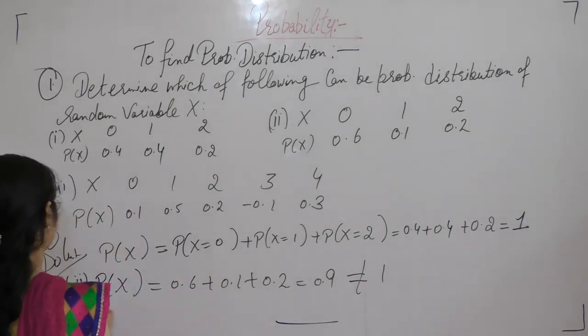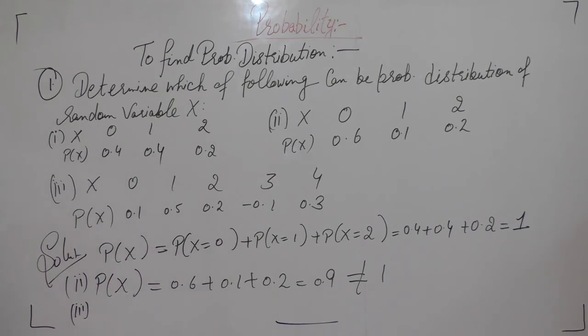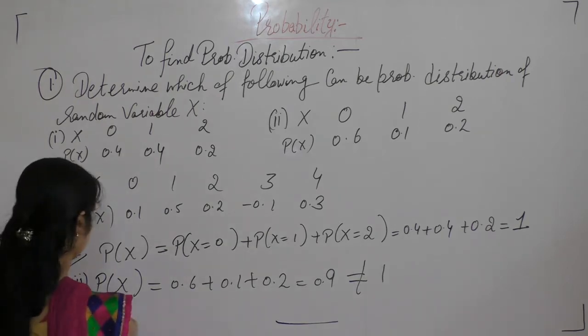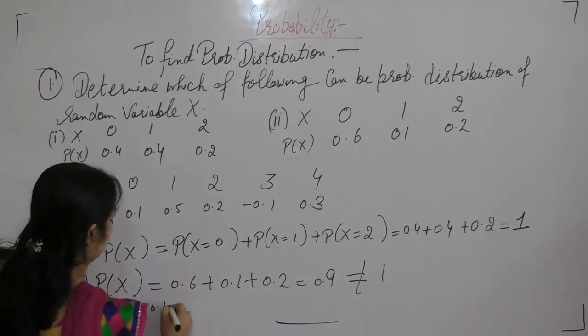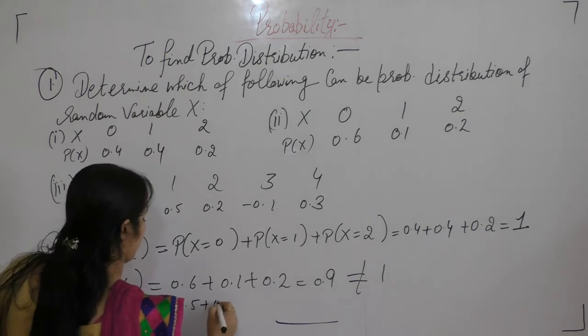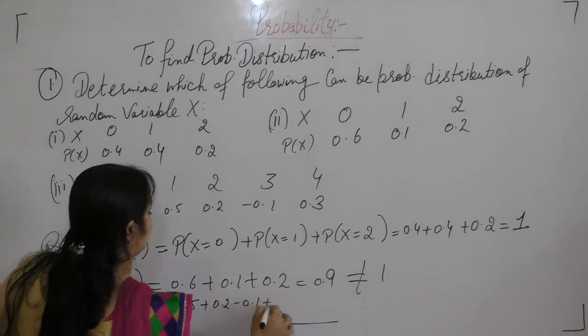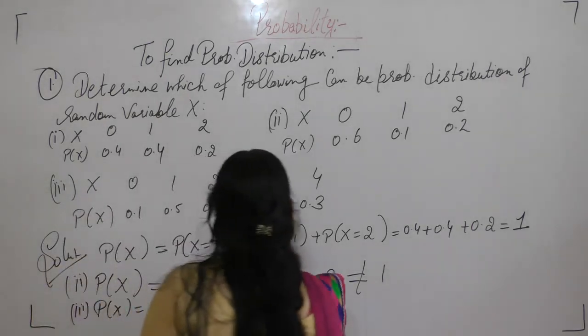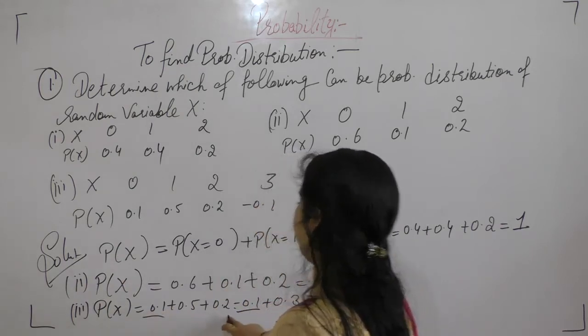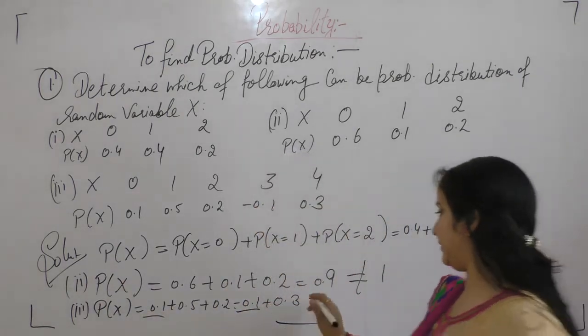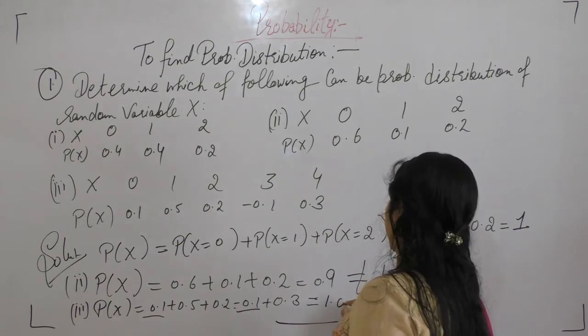Now the next one: the total probability is 0.1 plus 0.5 plus 0.2 minus 0.1 plus 0.3. 0.1 plus 0.5 plus 0.2 is 0.8, minus 0.1 is 0.7, and 0.7 plus 0.3 is 1.